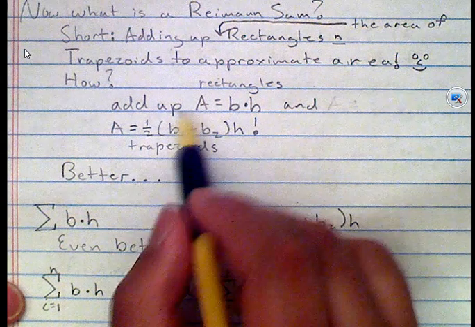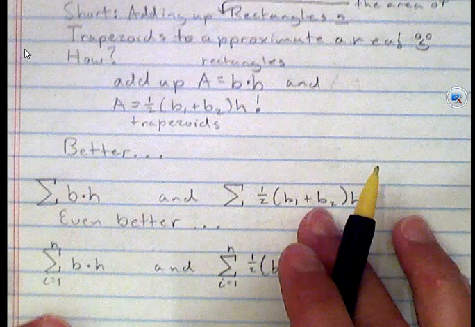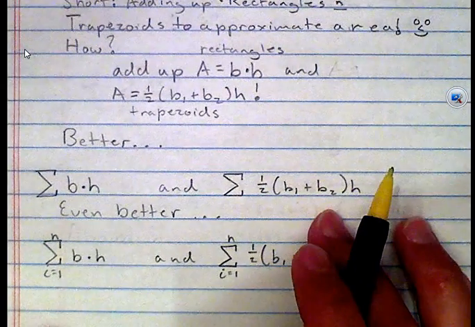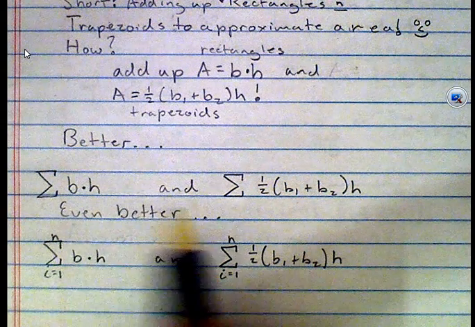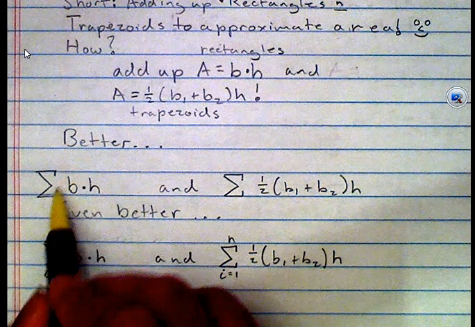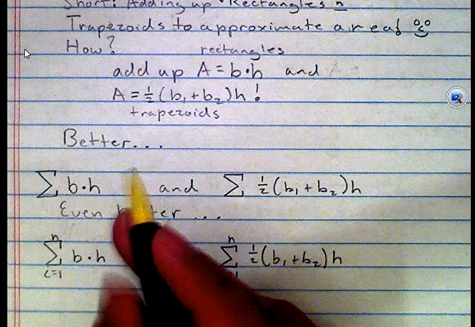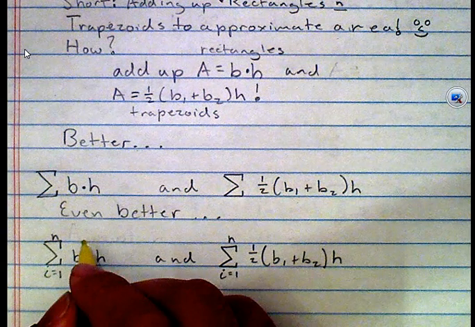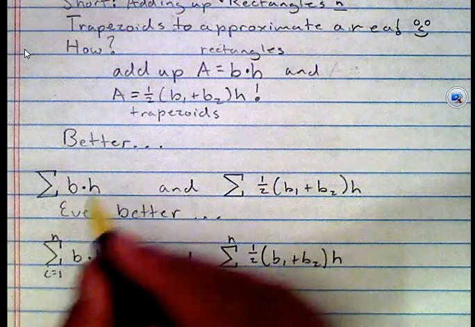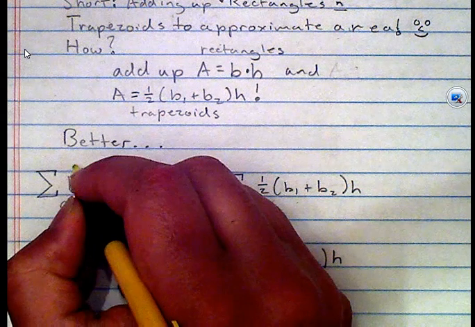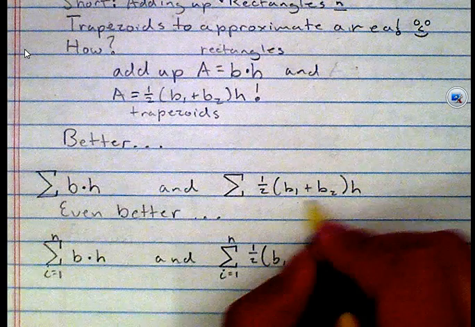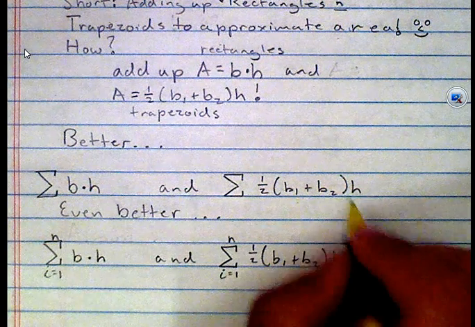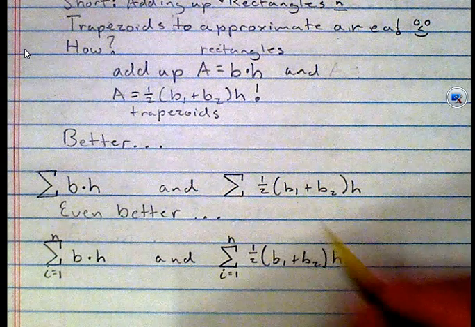Or even better, since all we're doing is adding up stuff, why not use the summation symbol? Here's the summation symbol. We're going to add up some base times heights, some areas, some rectangles. This would be the rectangle area formula and the trapezoid area formula. So we add up the rectangles and we add up the trapezoids.